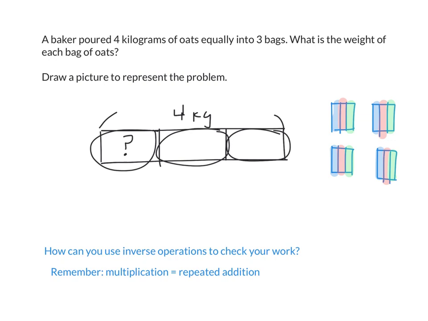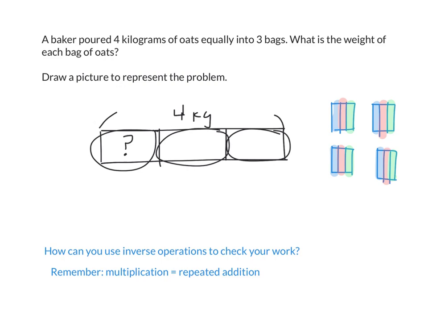So how many thirds could go into each bag? If there was a blue bag, a red bag, and a green bag here, how many thirds are in the blue bag? 4. How many thirds are in the red bag? 4. How many thirds are in the green bag? 4. So if I have 4 kilograms altogether and I want to divide it into 3 bags, how many kilograms are in each bag? 4 thirds.